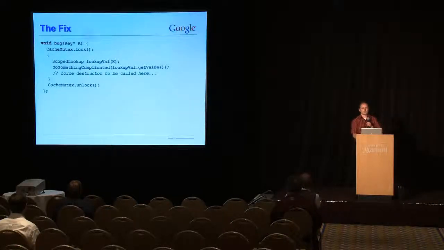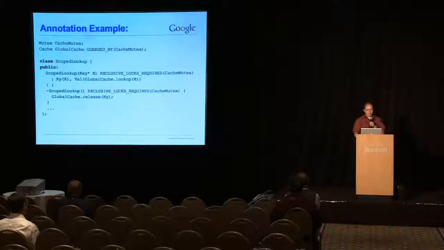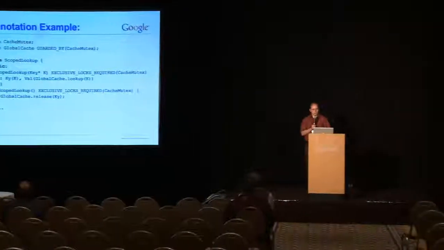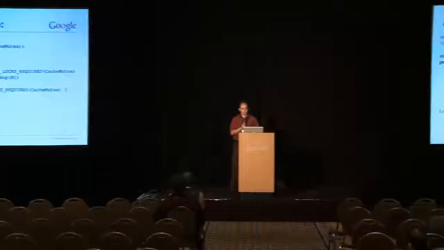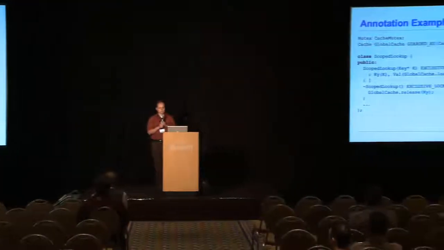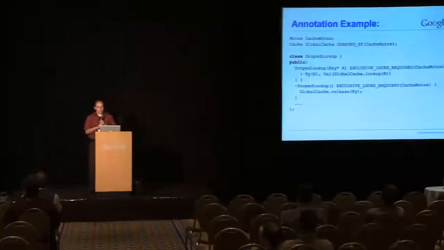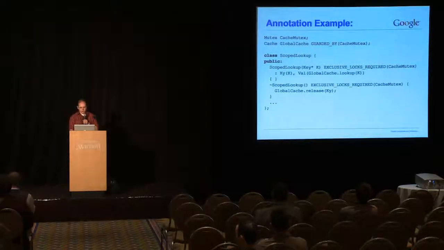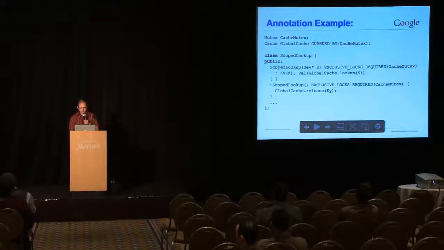Okay, so how do we find these kinds of things automatically with thread annotations? So we add some annotations. We say that we've got this cache mutex and a global cache, and these are actually related. So we add an annotation that says the cache is guarded by the mutex using this guarded by keyword up here.